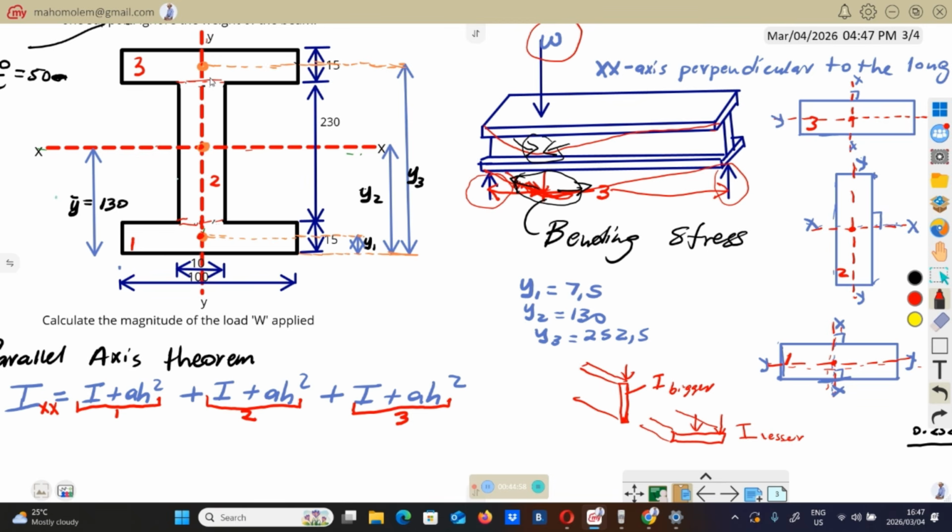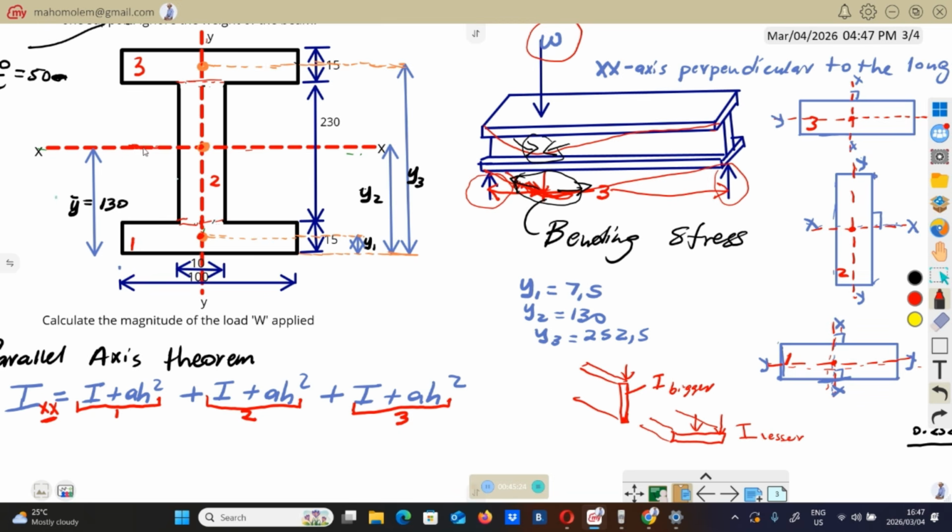Now, to calculate Ixx of the composite, we are going to use these individual axes. They are going to help us find the I of the whole thing. As you can see here, this is the XX.